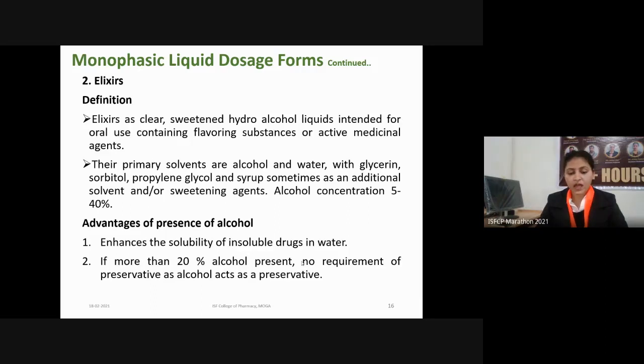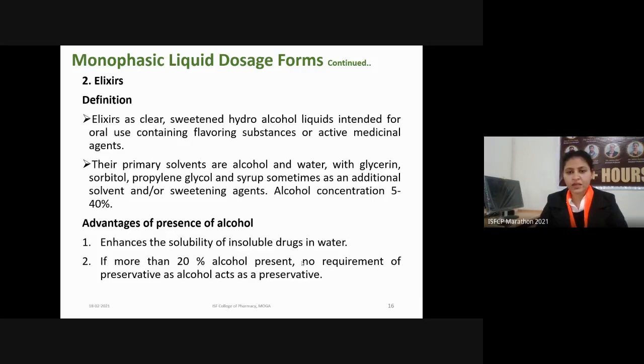If more than 20% of alcohol is present in our formulation, there is no requirement of a preservative, because alcohol will act as a preservative. As I told you, we can use alcohol in the concentration of 5 to 40%.